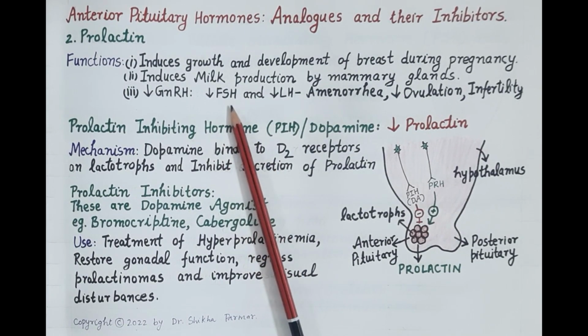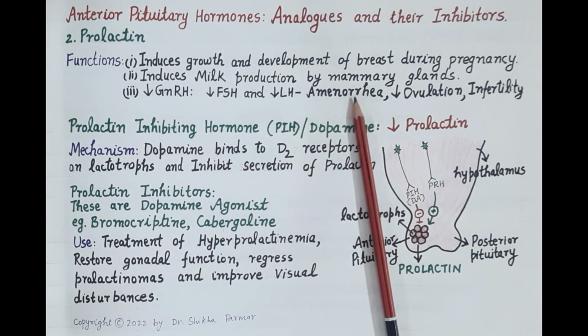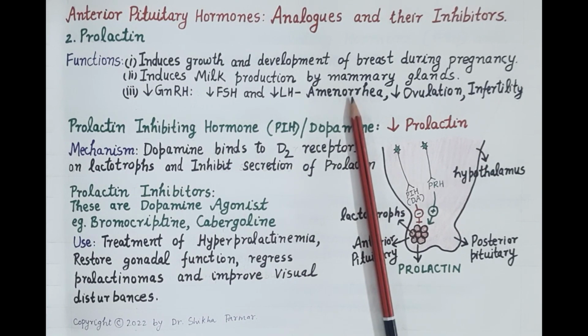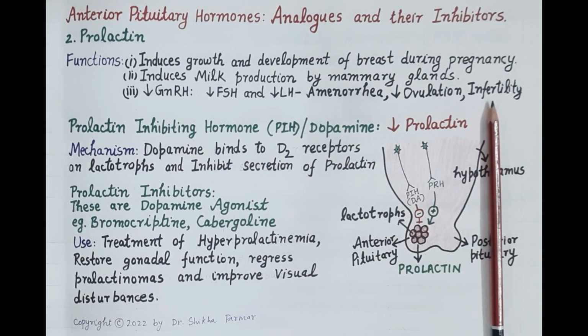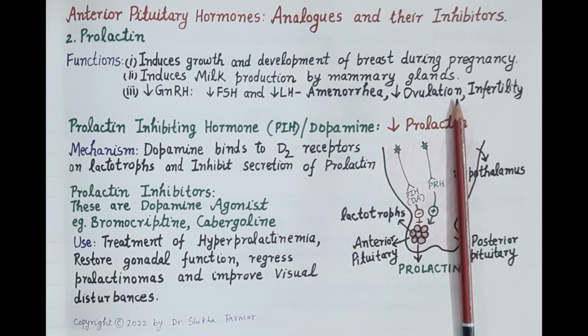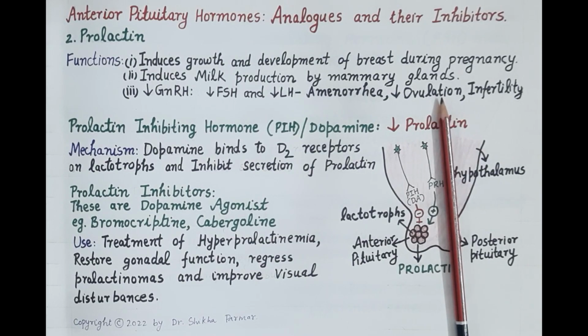Now, reduced follicle stimulating hormone and reduced luteinizing hormone further cause amenorrhea, that is absence of monthly menstruation. It causes reduced ovulation and infertility in women. So, this is caused because of increased prolactin in the blood, that is hyperprolactinemia. Hyperprolactinemia in males can also cause infertility.